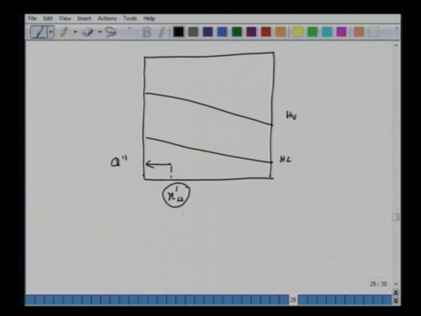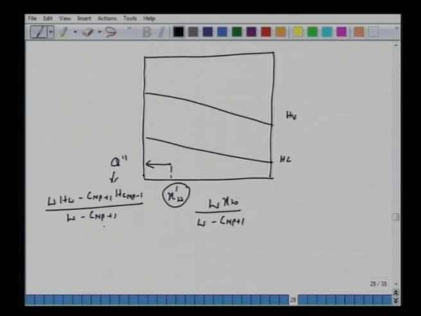Now we have the calculation for xW as W xW over W minus G_{NP+1}, the net molar flow rate, and Q dash is also the net total enthalpy leaving minus G_{NP+1} h G_{NP+1} over W minus G_{NP+1}. So with this, now we can connect.